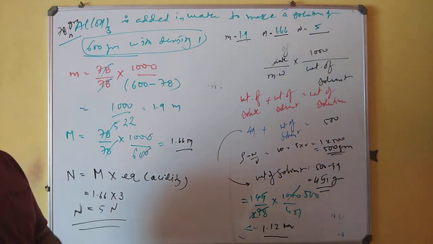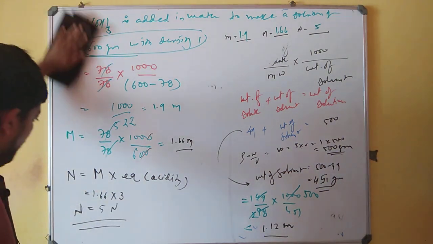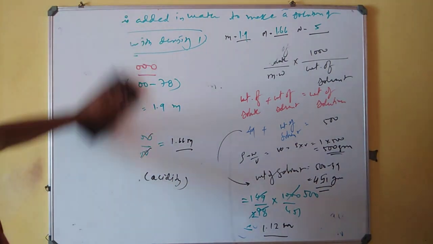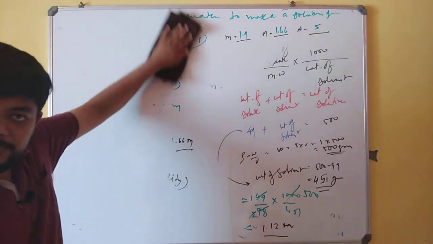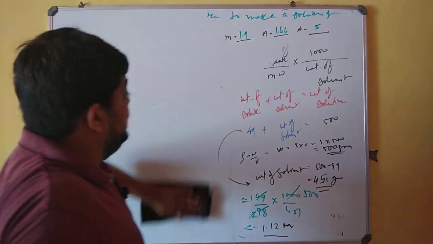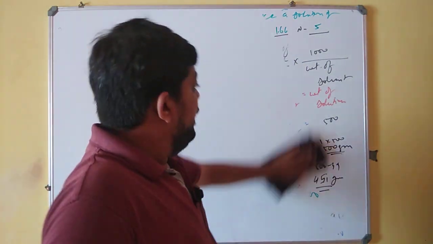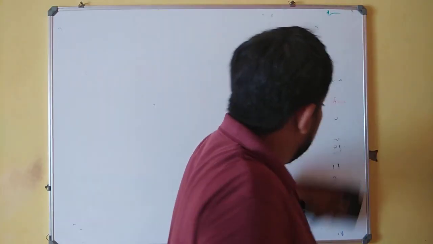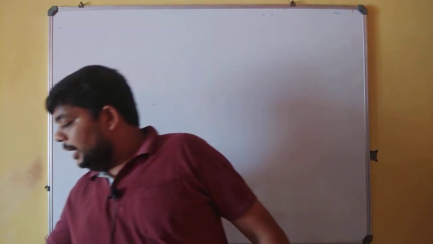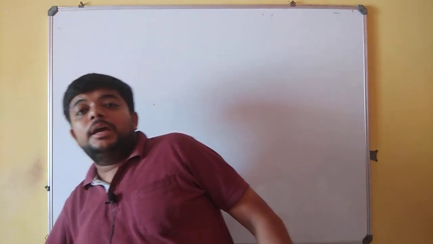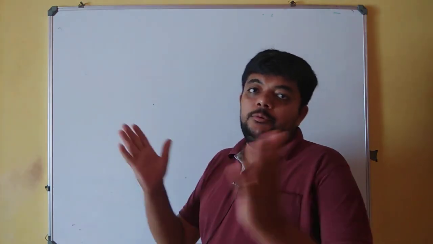This was a short video explaining in detail normality, the relationship between normality and molarity, and how you could solve questions where all three aspects, normality, molarity and molality, come together.